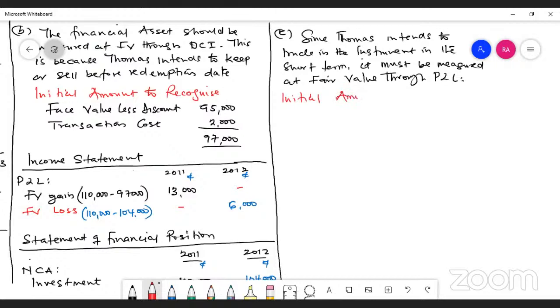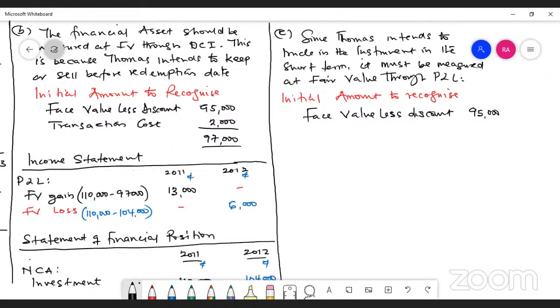In that case, the initial amount to recognize is going to be the face value less discount, which you know is 95,000.